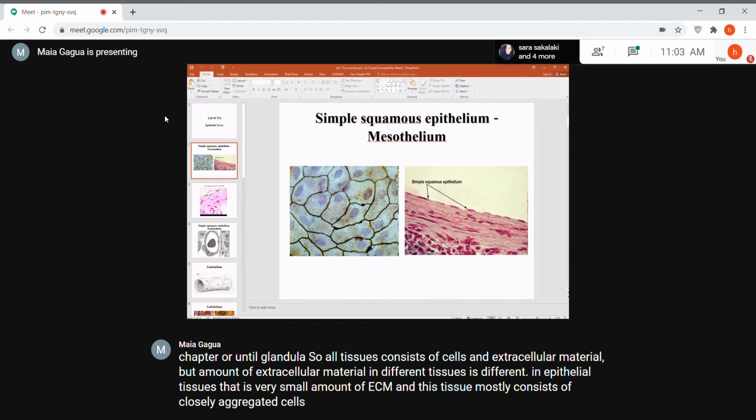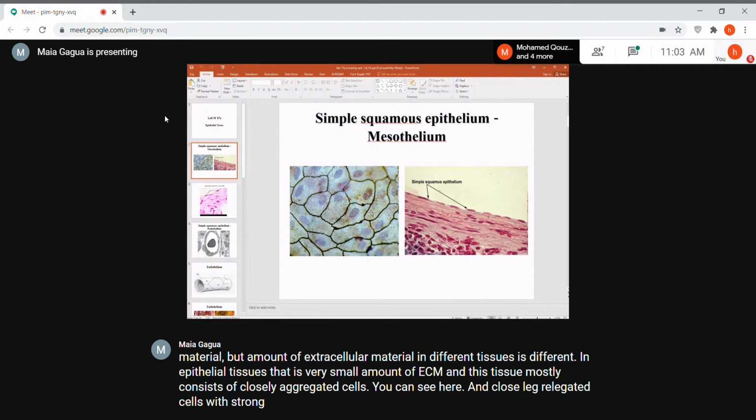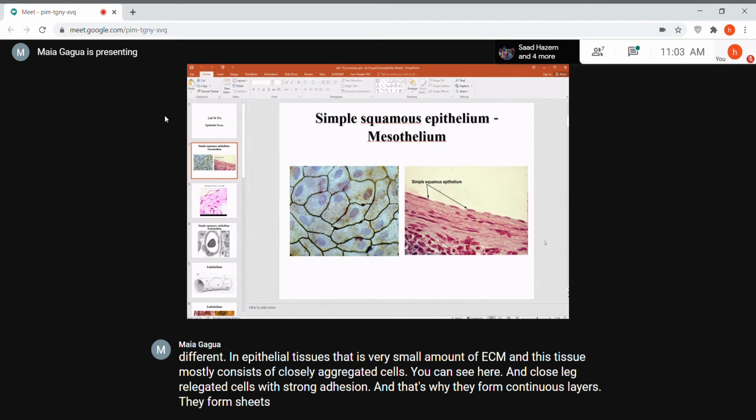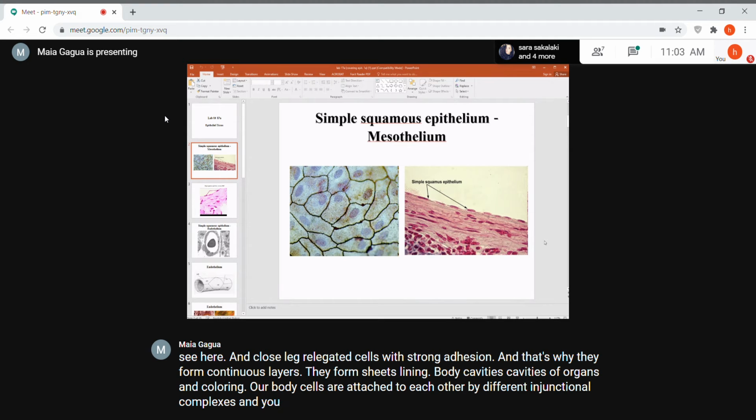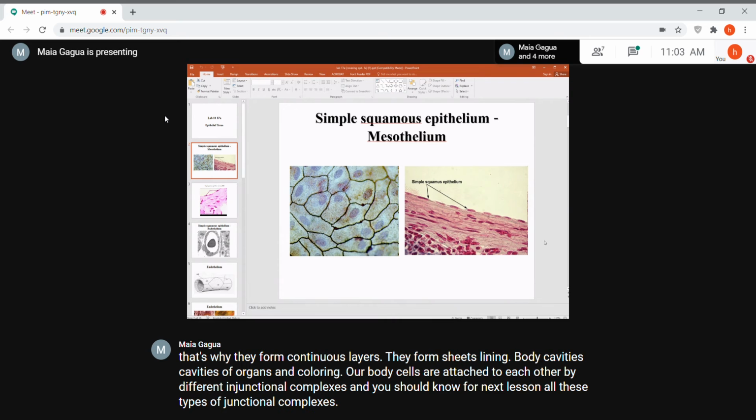You can see here closely aggregated cells with a strong adhesion, and that's why they form continuous layers. They form sheets lining body cavities, cavities of organs, and covering our body. Cells are attached to each other by different junctional complexes, and you should know for next lesson all these types of junctional complexes that connect to neighboring cells in this tissue.